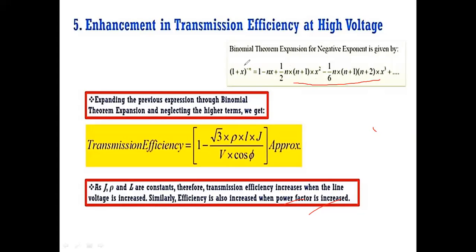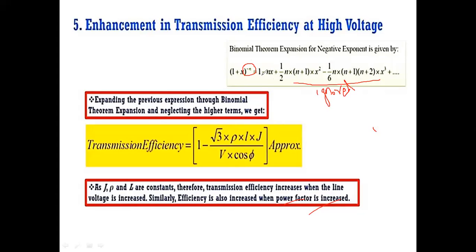As we know that for the negative power, the higher terms will be ignored because they have very low impact on the whole calculation. So this whole higher variables will be ignored. So the same is the case over here. We have 1 plus this power minus 1.